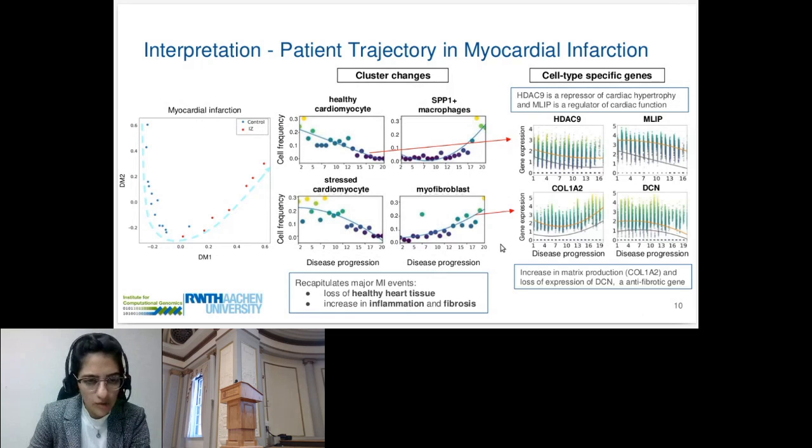For the myofibroblasts, we found two genes specific to this cell type: COL1A2, which shows an increase in matrix production, and DCN, which shows a loss of expression and is an anti-fibrotic gene.